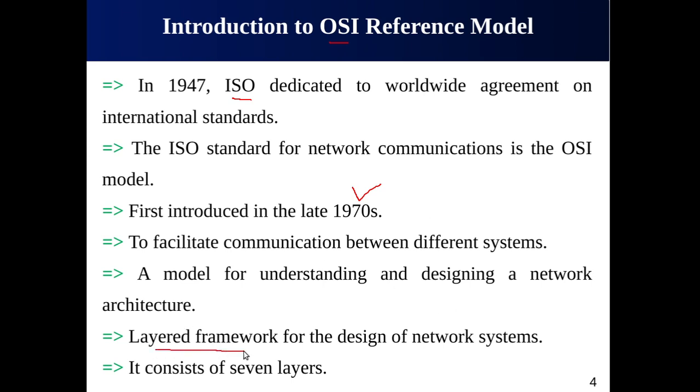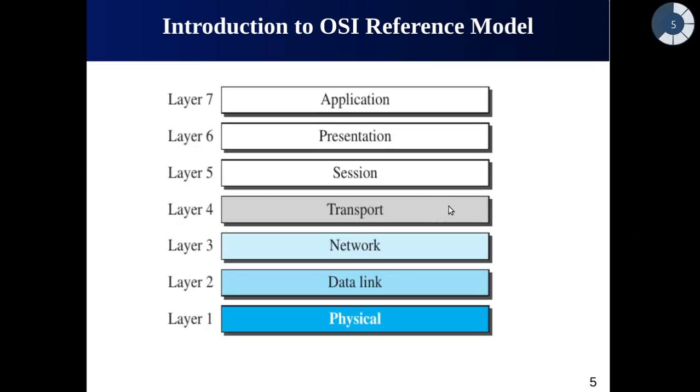We have different layers, and this is helpful for the design of network systems that will allow communication between all types of computer systems. In the TCP/IP model, we studied that we have 4 or 5 layers. However, in the OSI model, we have 7 different layers. What are those layers? Let's see them.